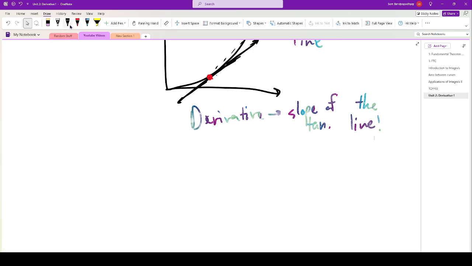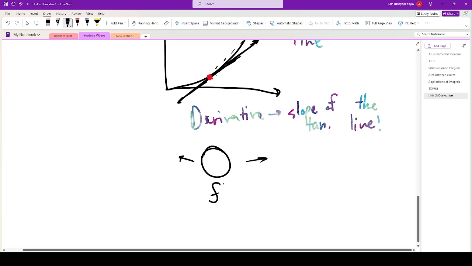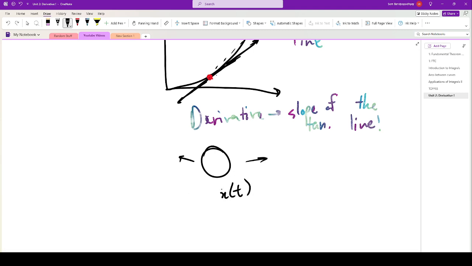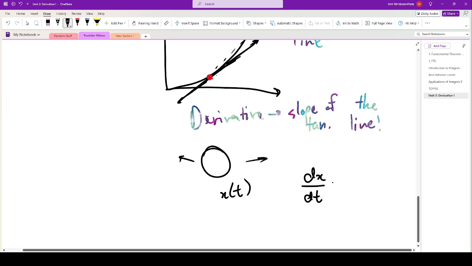In some physical contexts, let's say you have a particle moving back and forth as per some function, let's say x of t, because x represents position. So the position of the particle is x of t. Taking the derivative of this, dx dt, is going to give you the rate of change of position. And you should know that the rate of change of position is going to be velocity.